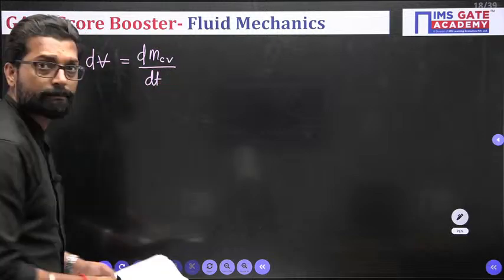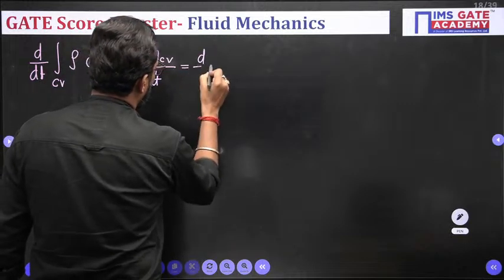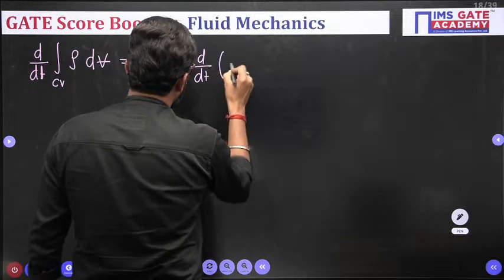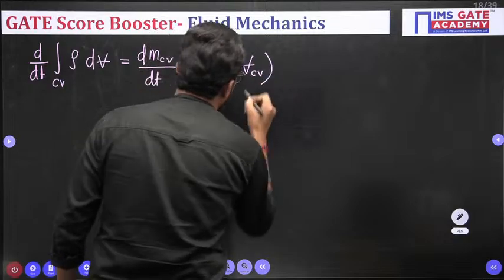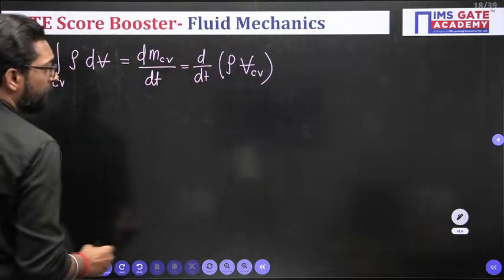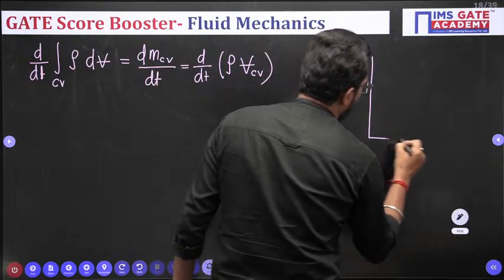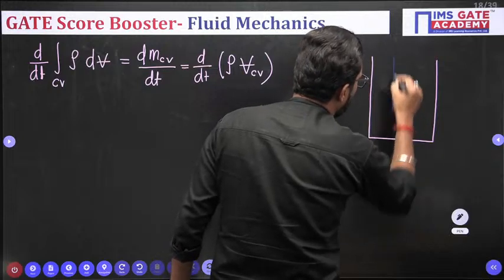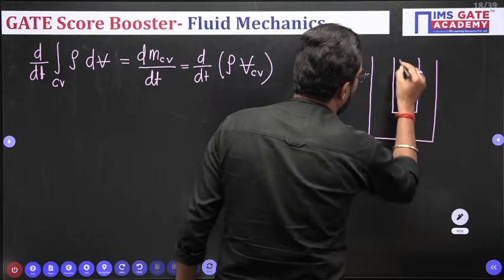And what is m? d by dt of rho times the volume of the control volume. See, this is your outer casing and this is your cylinder.